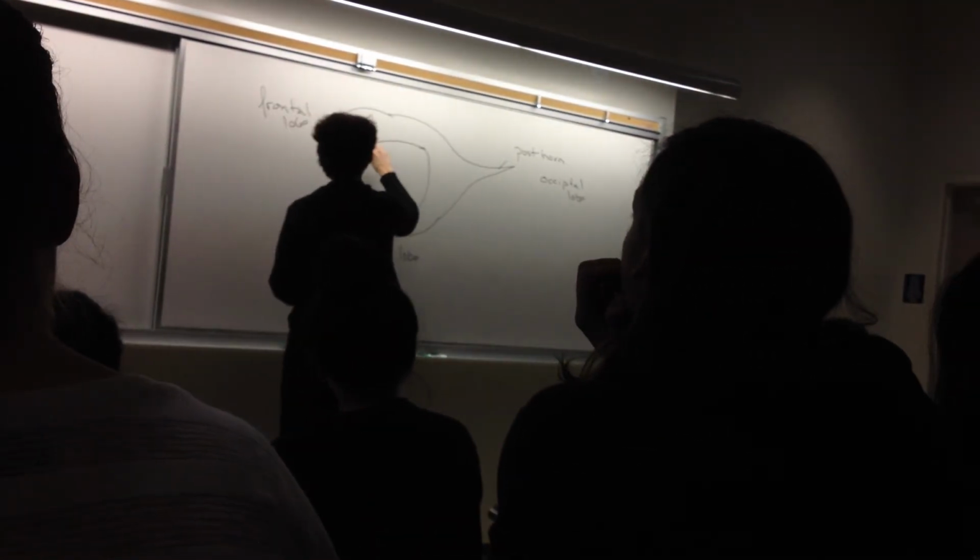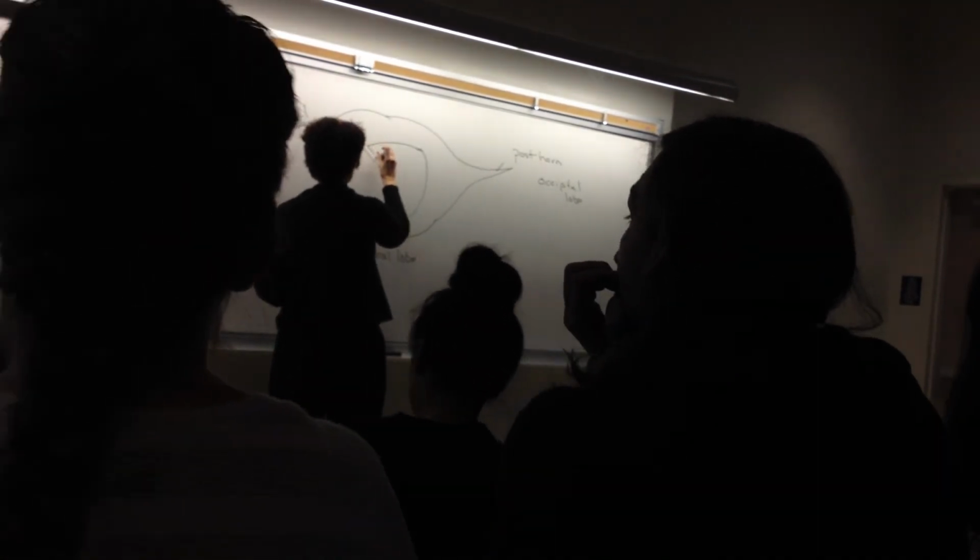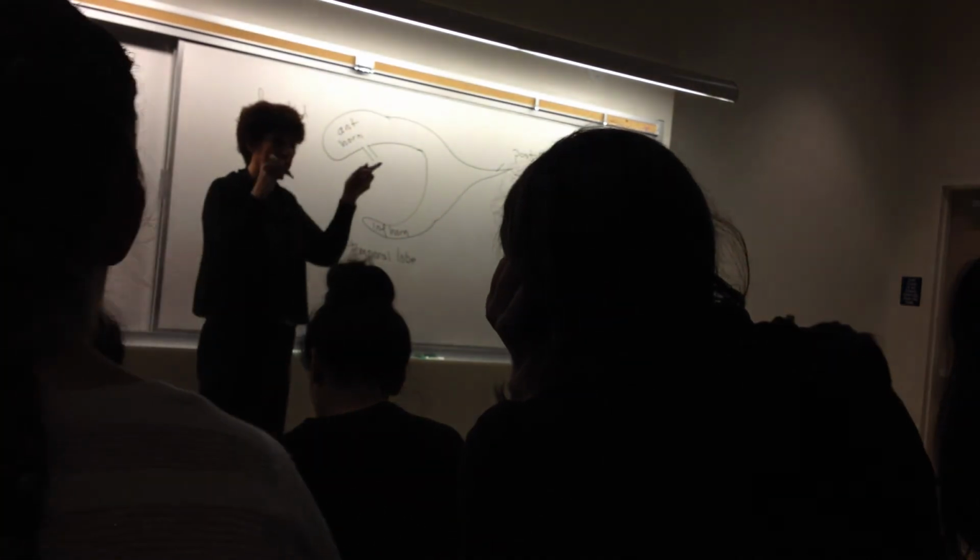Then there is a small opening or channel between each lateral horn coming towards the middle. So coming towards the middle like this. And this is known as the interventricular foramina or foramen.